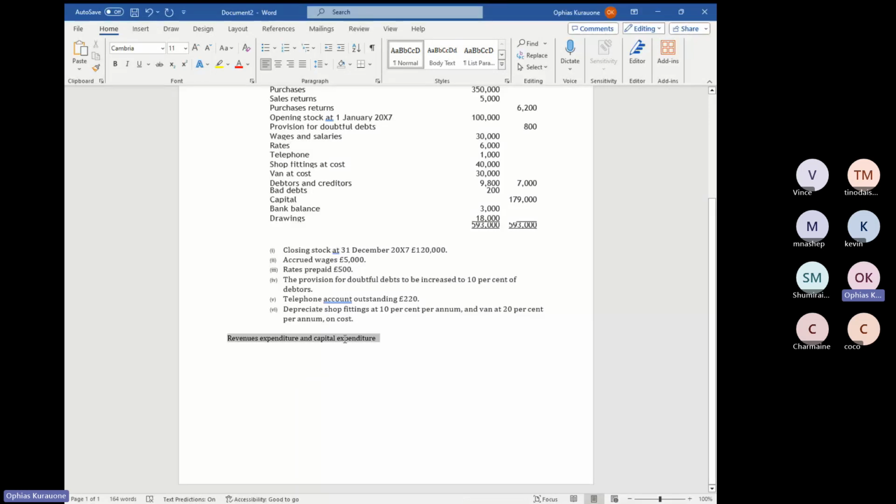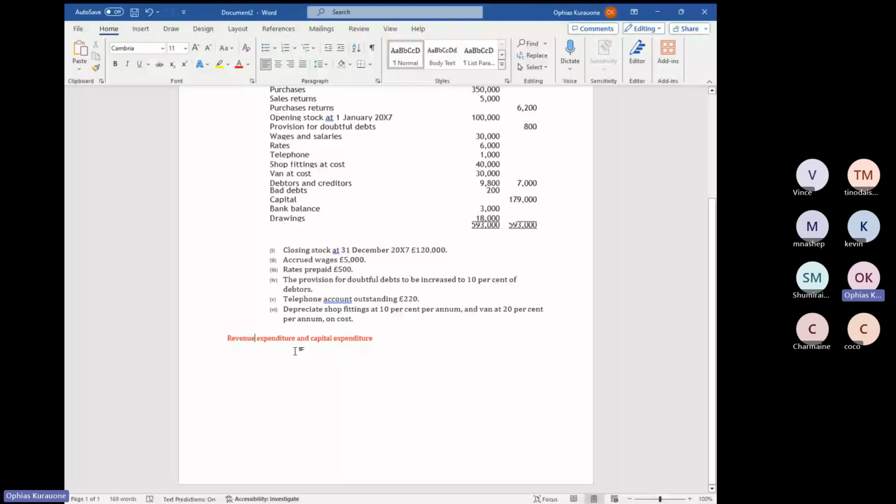So what we need to do here, what do we mean by revenue expenditure? Let's make this one revenue expenditures. What do we mean by the revenue expenditure? Because when you are preparing a statement of financial position, or a statement of comprehensive income, in this case our trading profit and loss account, you should make sure that you know how to classify the revenue expenditure and the capital expenditure.